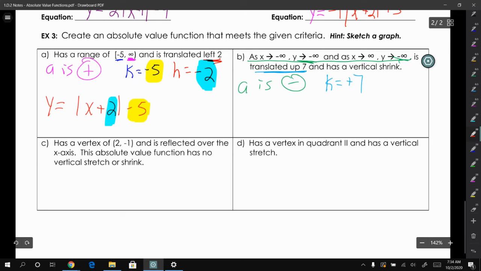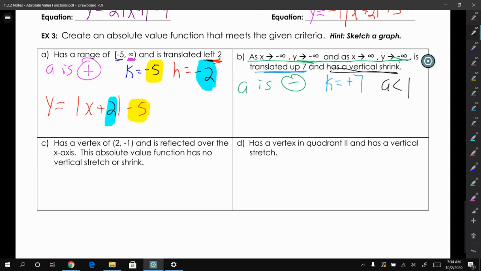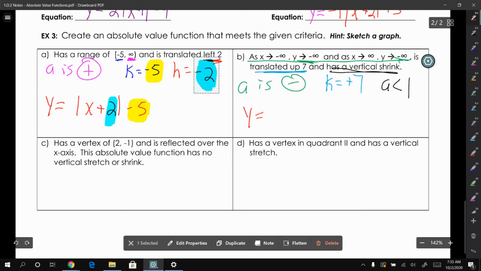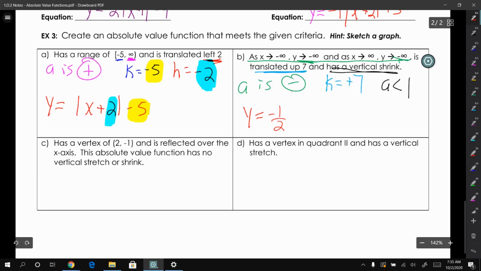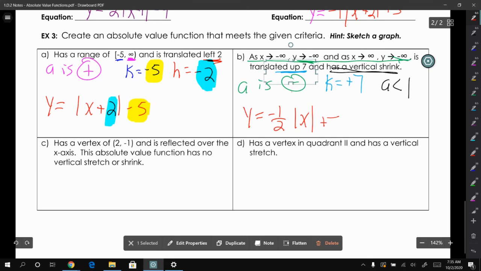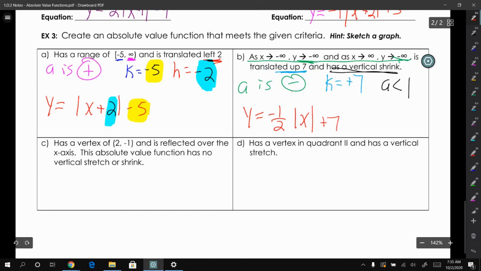And a vertical shrink, that also means that a is less than 1. It doesn't tell us by how much, so we get to pick. So y equals, we need a number less than 1 in front of the absolute value, and also negative. So let's go with negative 1/2. We don't have any horizontal shifts, so we just leave absolute value of x, and then plus 7 on the outside.